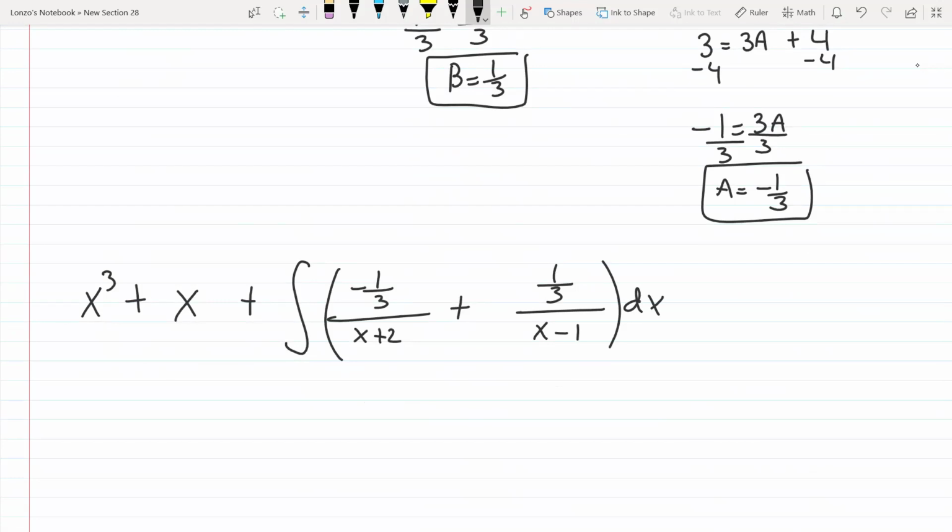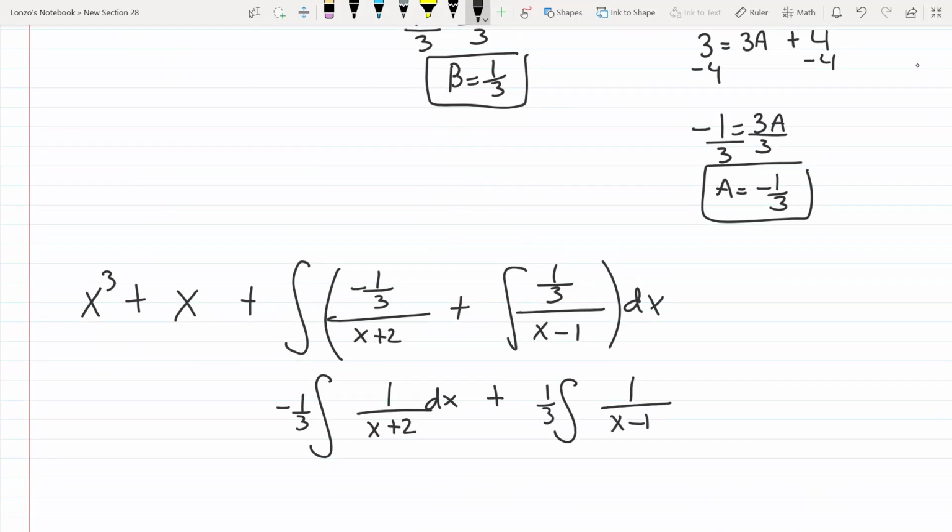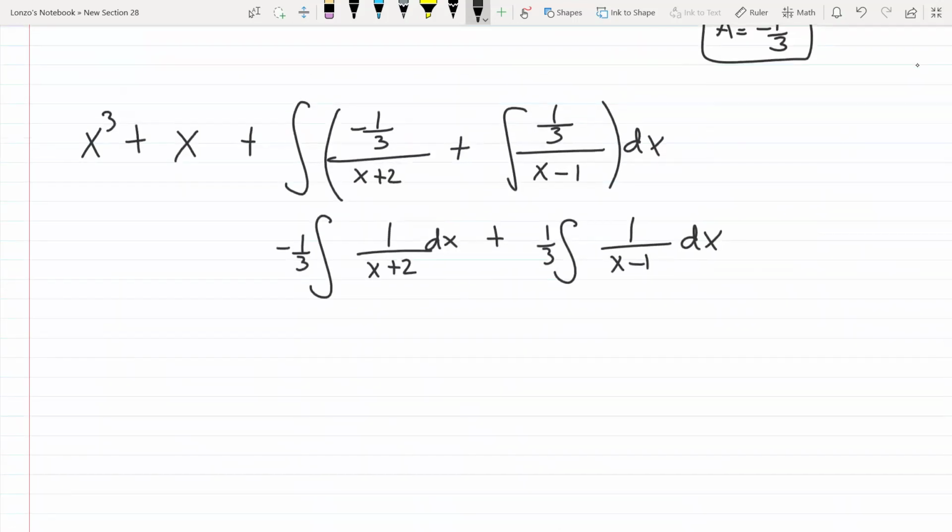Sorry, we're not done; we've got to do some more work. So what I could do is factor this out. This is negative 1/3. Let's split it into 2 integrals. This 1/3 is a constant, so you could take that out. And then do u substitution, etc.